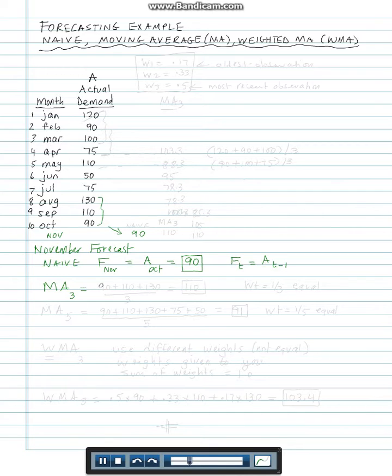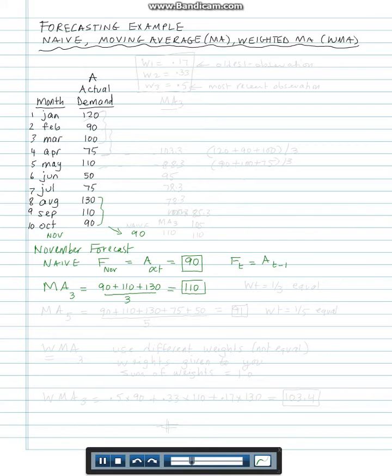So we're going to take 90 plus 110 plus 130 and divide by 3. So October, September, August, the most immediate 3 periods, and average them out. And that's where you would get 110 with the 3-period moving average. That's again the forecast for November.